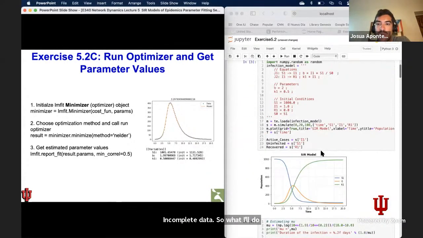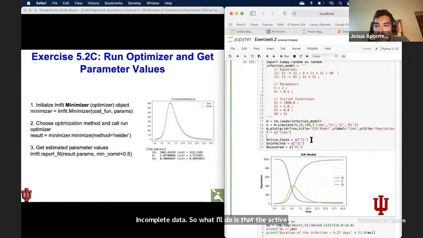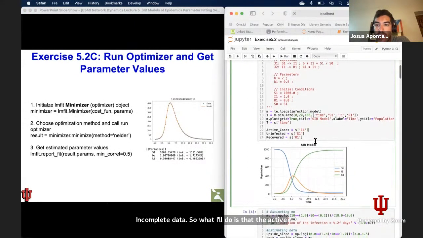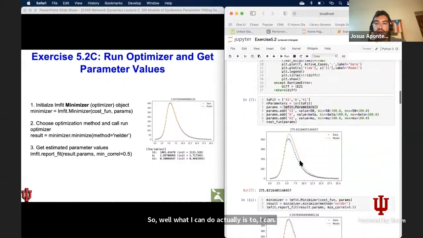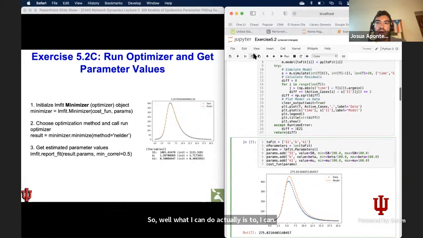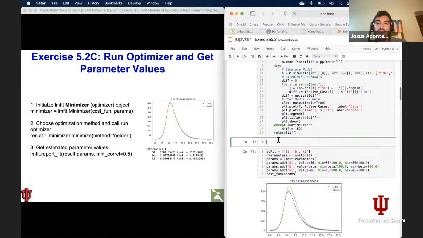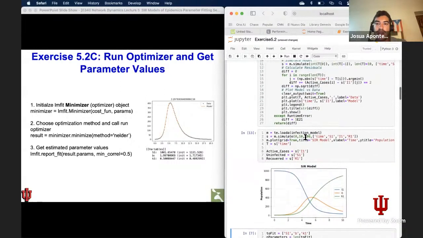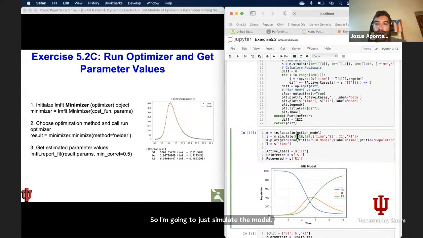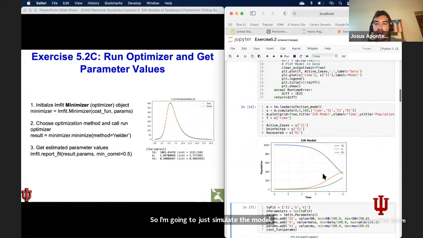So what I'll do is simulate the model. No, 10 is still a lot for 5 days. So instead of having the whole data, now what I have is this.